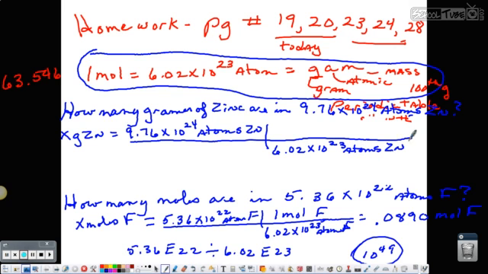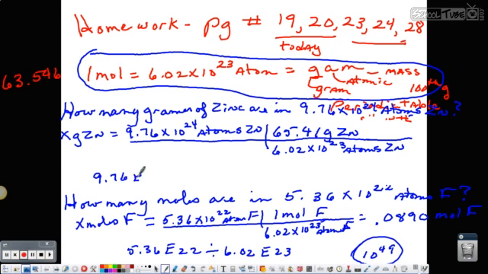I'm trying to find grams. Where do I find grams? GAM. Where is it located? Periodic table, yellow number. Zinc is 65. Look it up with me. 65.41 grams zinc. Calculation.